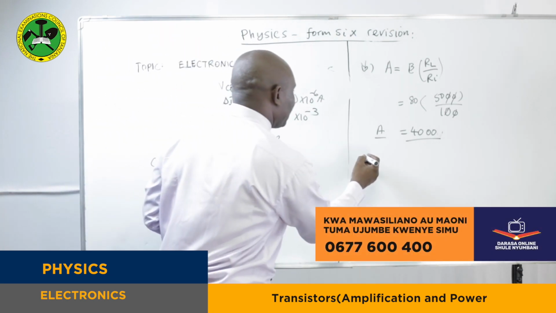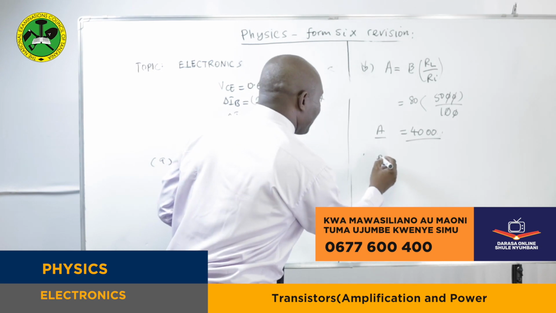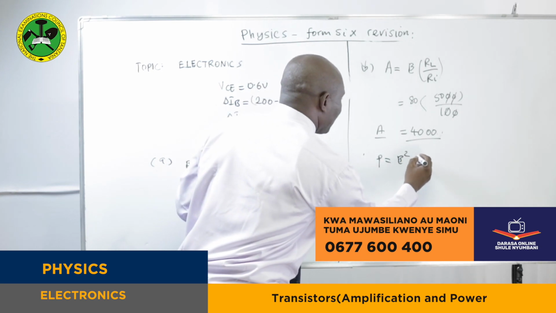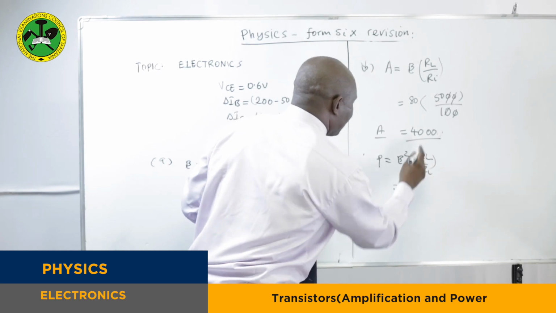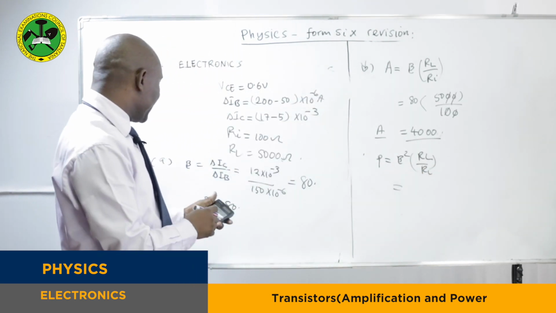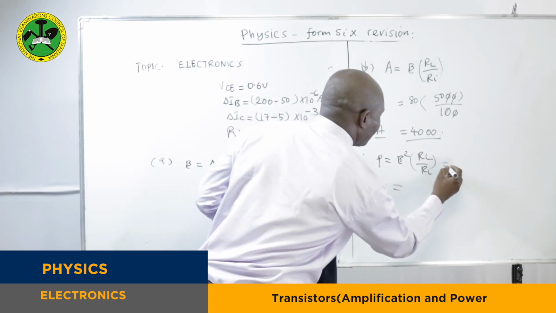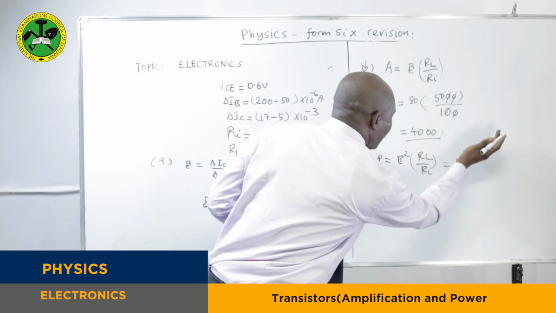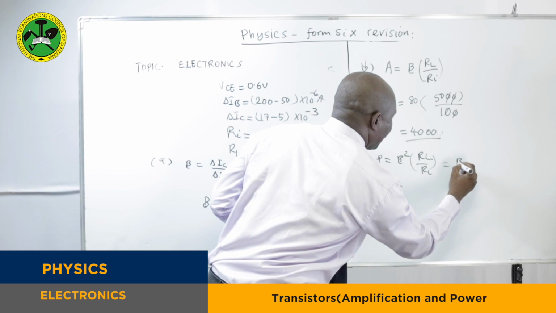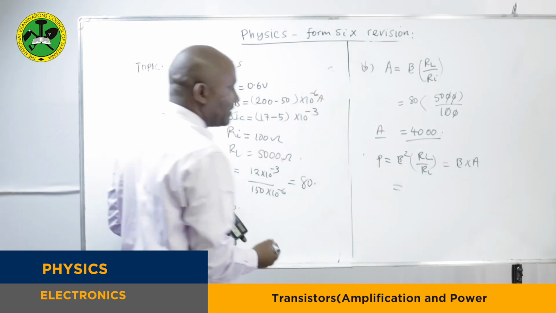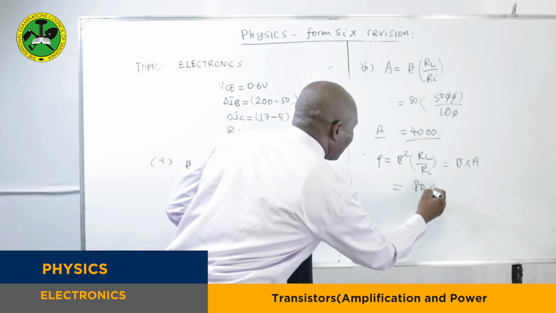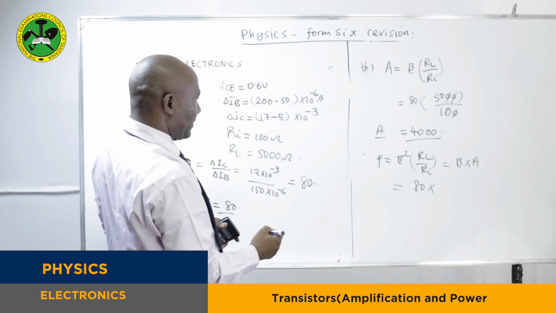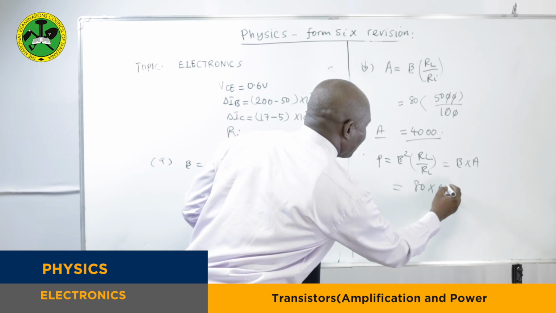Power gain is given by the formula beta squared RL over RI. So you take that value squared, which means 80 squared, or in other words, it is the current gain times the voltage gain. Very simple. So here is 80 times our voltage gain, 4,000.